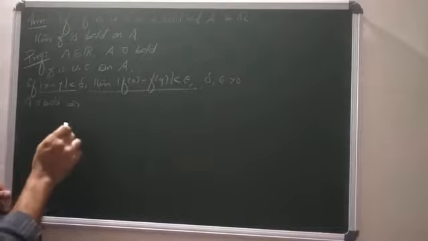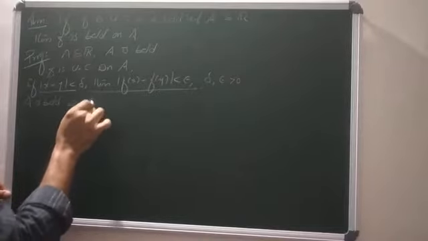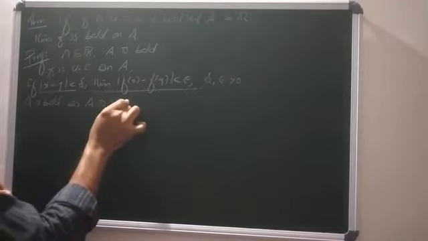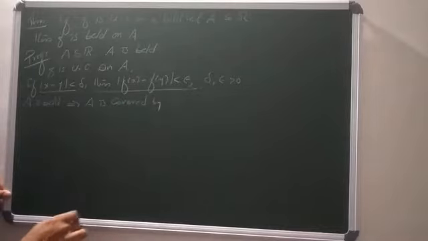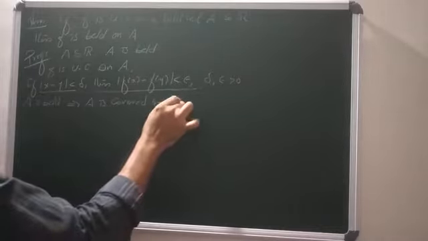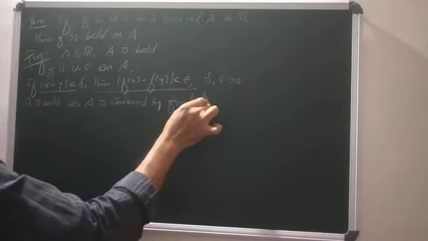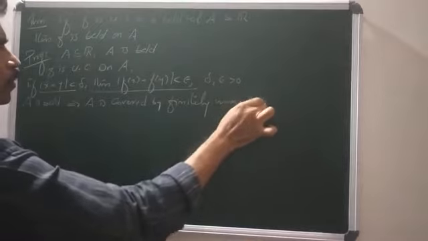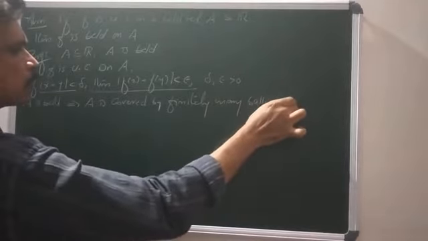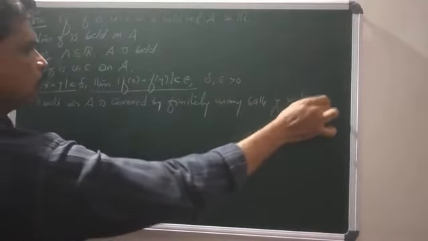A is bounded by the definition of boundedness. That implies A is covered by finitely many balls of radius delta.